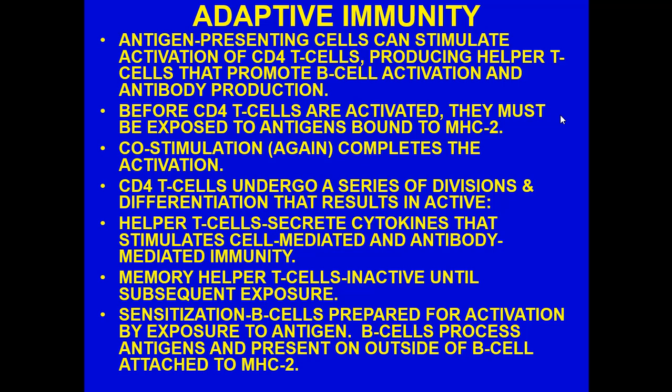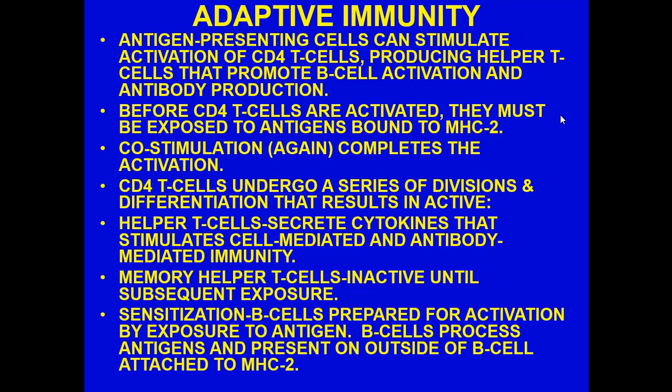Once the CD4 T cells undergo a series of divisions and differentiation, that results in active helper T cells, which secrete cytokines that stimulate cell-mediated and antibody-mediated immunity. Memory helper T cells are inactive until you have subsequent exposure. And what I mean by that is these are the guys on reserve.